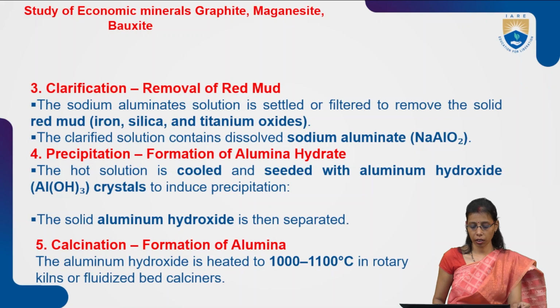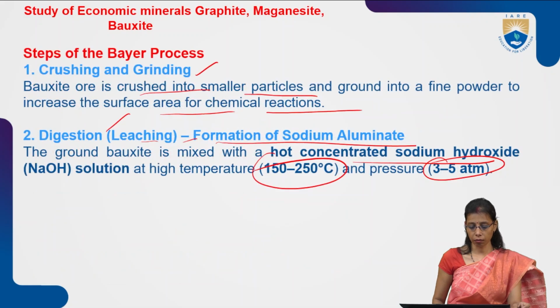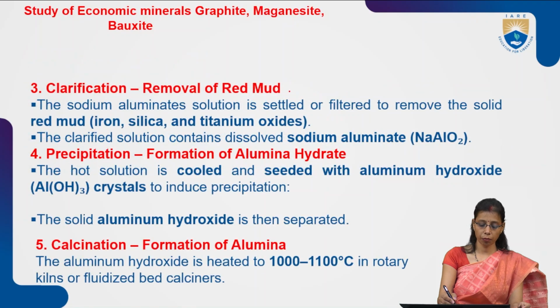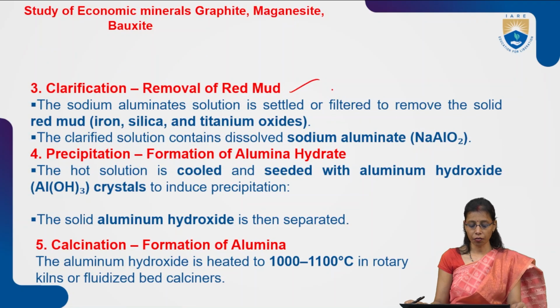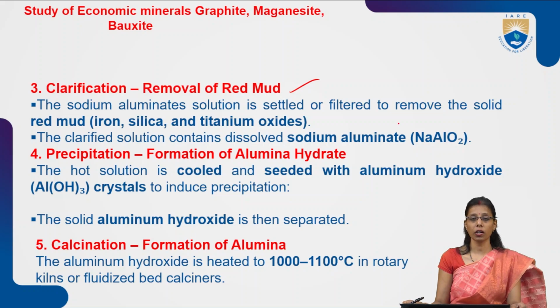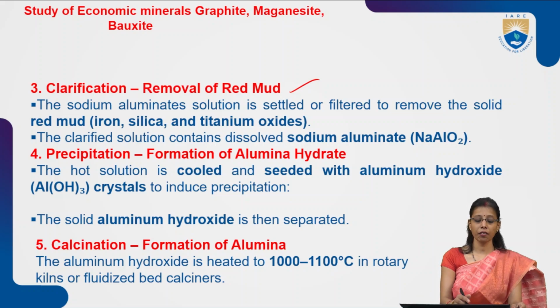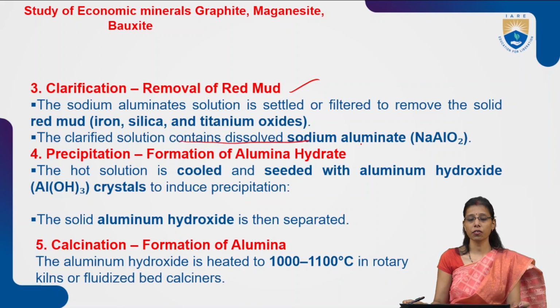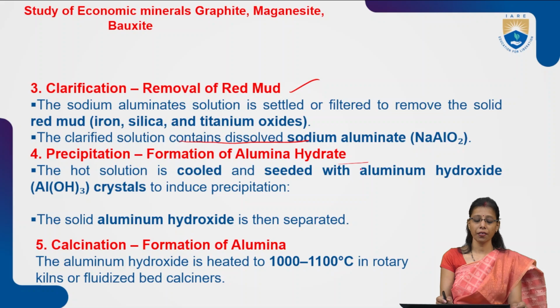Now the third step under the Bayer process is clarification, the removal of red mud. The sodium aluminate solution is settled or filtered to remove the solids, the red mud, iron, silica and titanium oxides, and the clarified solution contains dissolved sodium aluminate. The fourth step is precipitation, the formation of aluminium hydroxide.